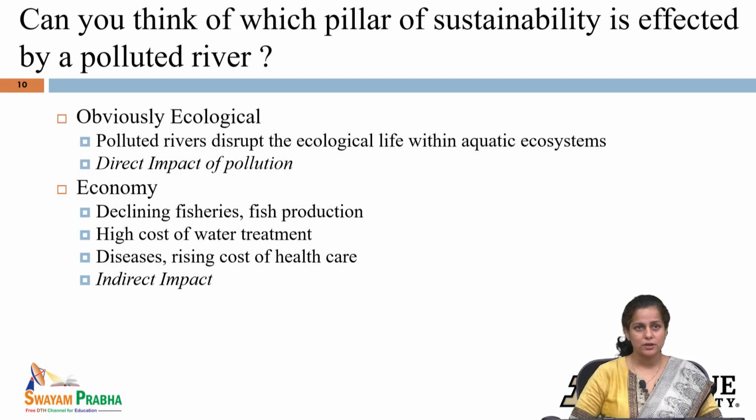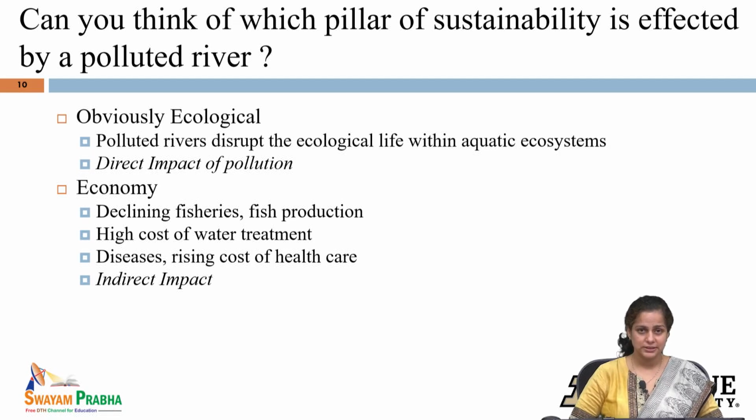We also have a high cost of water treatment because we take a lot of water from the river that goes for treatment and comes to our household. So, we have a very high cost of water treatment that gets translated into a high public cost of acquiring water. Water utilities get impacted, and that is the economic impact of polluted rivers.